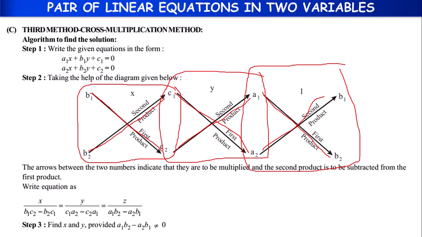Again, from the next group, first product, second product. Like that, we have to write the coefficients and constants, take two products in each case, and establish a relation between them.